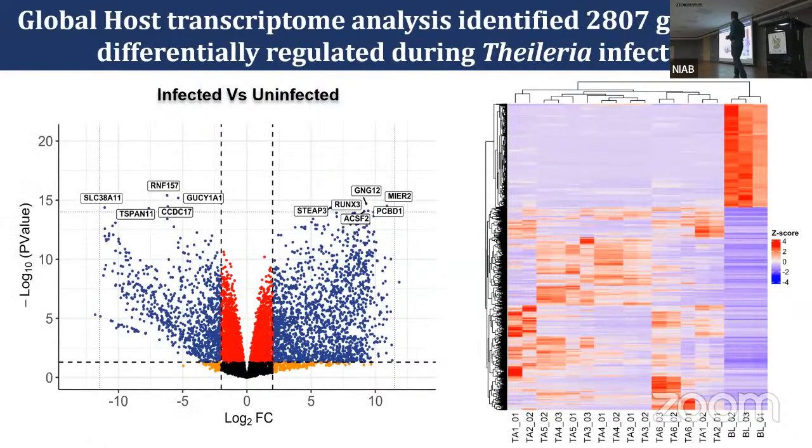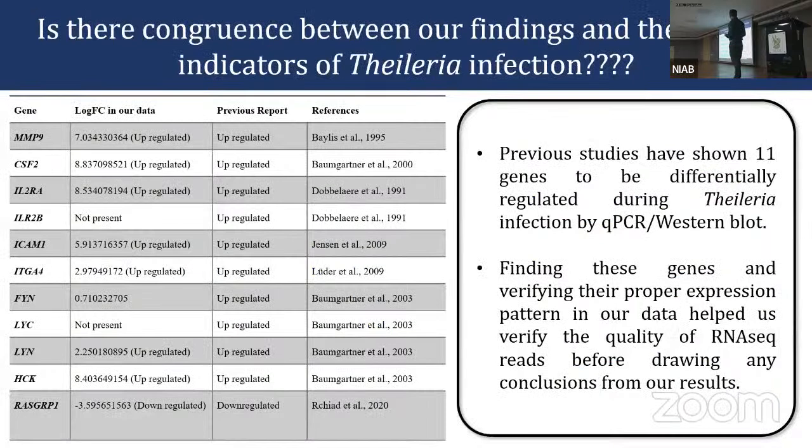In case of the host, we got around 2,800 genes differentially regulated during Theileria infection. Now we want to understand what changes are happening and which processes these genes are involved in. But before proceeding, we want to confirm that our data is in line with previous results.